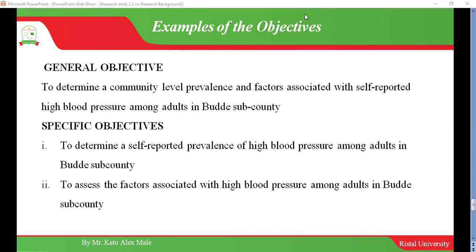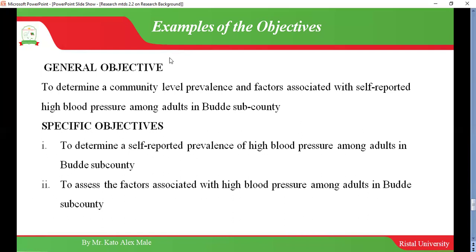Now, the general objective has given the broad aim of this study. It is also obtained from the title of the study: to determine the community level prevalence and factors associated with self-reported high blood pressure among adults in the sub-county.